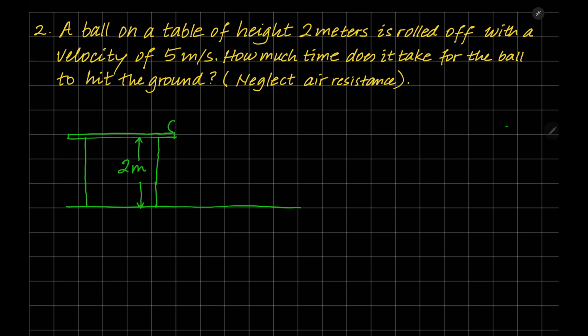That means it's projected horizontally with a velocity of 5 meters per second. Then it will travel approximately like this. How much time does it take for the ball to hit the ground?